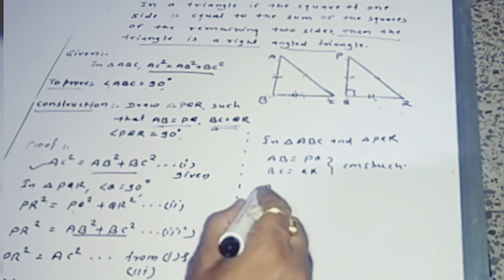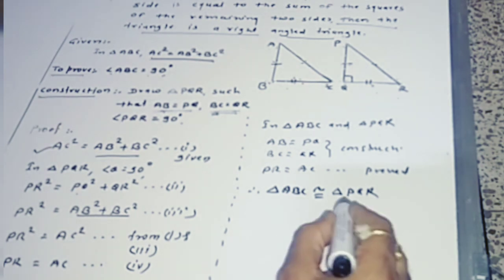BC is equal to QR, this is again by construction. And PR is equal to AC, this we proved. Therefore, triangle ABC is congruent to triangle PQR. By what test? That is SSS test.